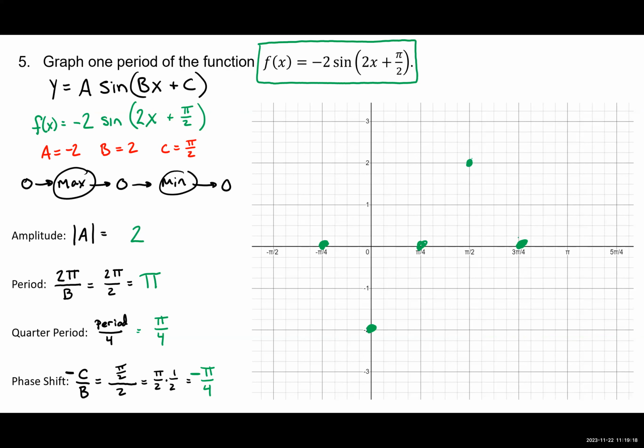So plotting those 5 points, breaking the period up into quarters, I think is really helpful. A negative sine function is going to go 0, down, 0, up, and then back to 0. So it's going to look something like this.